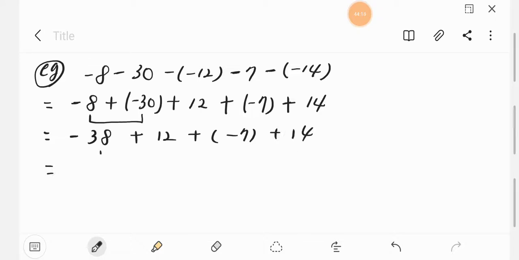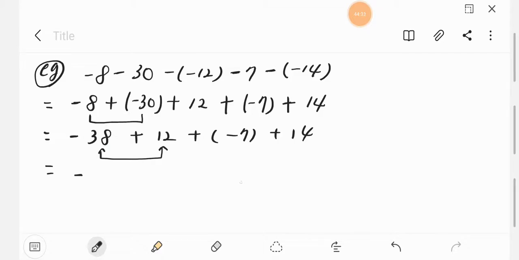Alright, next, adding these two numbers with different signs. The sign is different, and the absolute value of -38 is larger than 12. So we will follow the negative sign and then subtract, 38 minus 12.